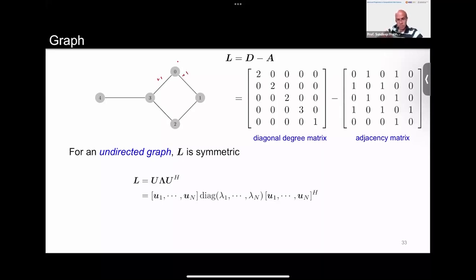So now if I stack that in a diagonal matrix, I get this D matrix, which is also called a degree matrix. The degree is basically the number of neighbors, and node 0 has two neighbors, node 1 has two neighbors, and so on, except for node 4, which has one neighbor. So that is the degree matrix. Degree minus adjacency is going to give you the Laplacian matrix. So these are two commonly used matrices: one is the Laplacian matrix, the other is the adjacency matrix, to encode the information in the graph.